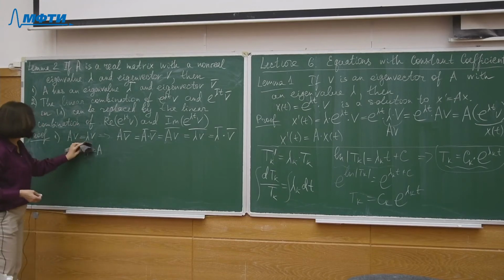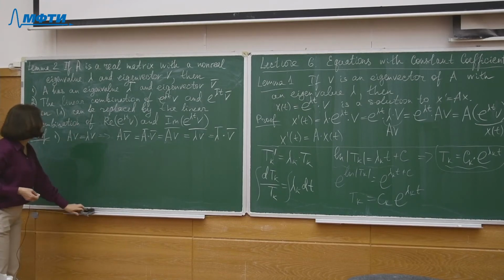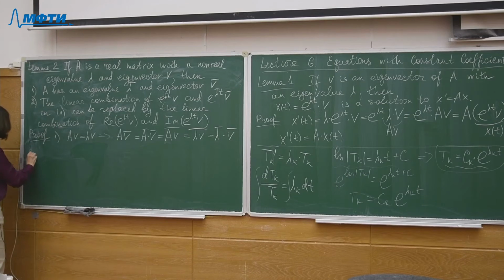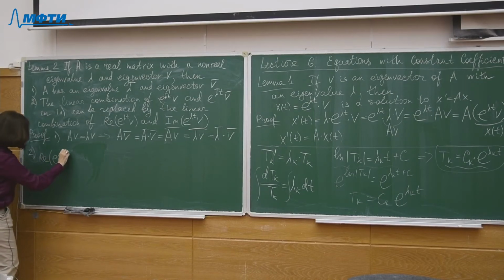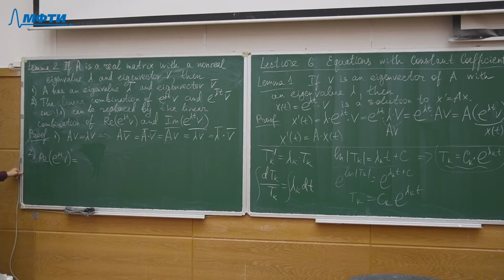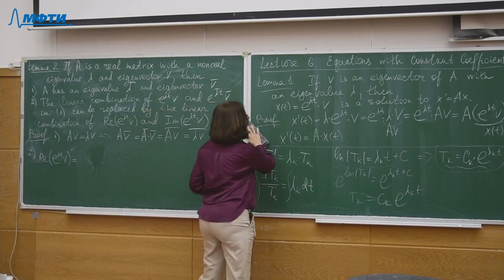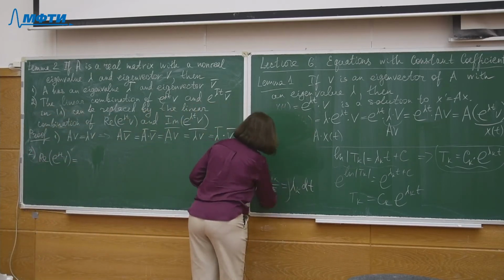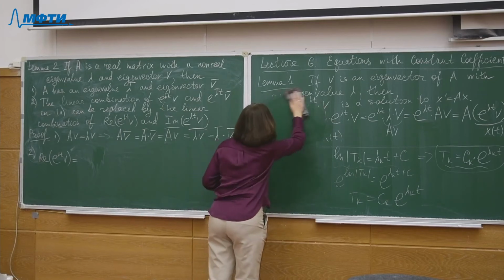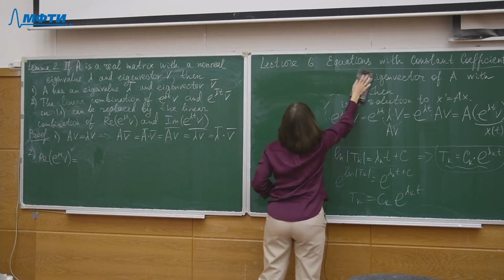Next, let's prove the second part. Let's try to find the real part of the vector e to the lambda t v. How can we represent the real part of a complex number? I will use this part of the blackboard to recall something.